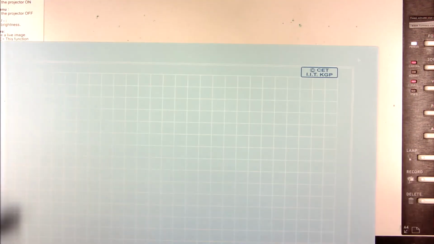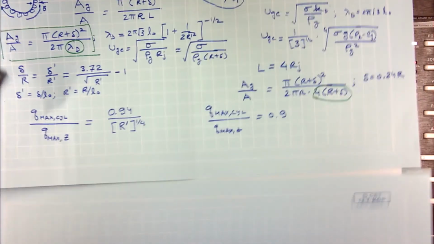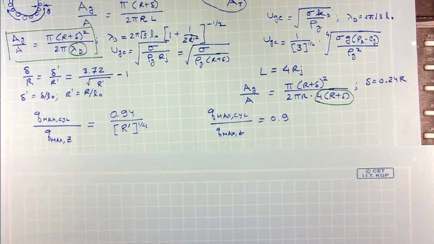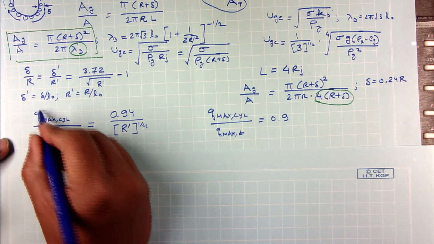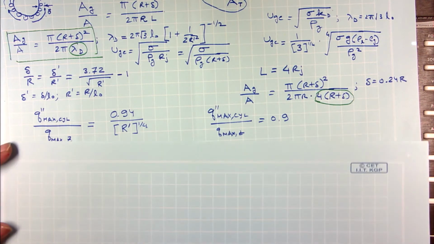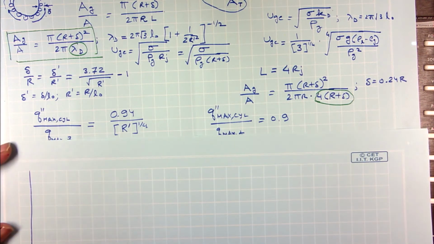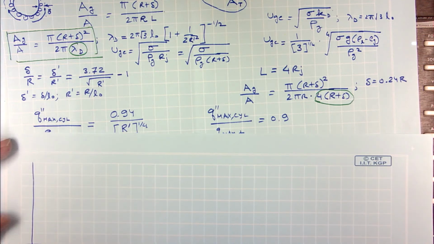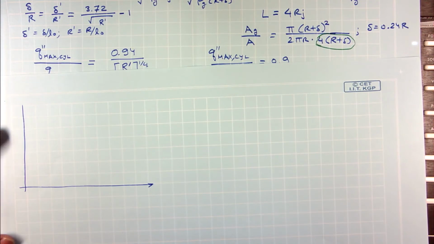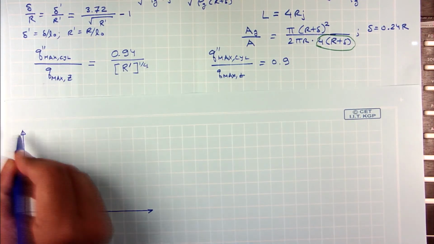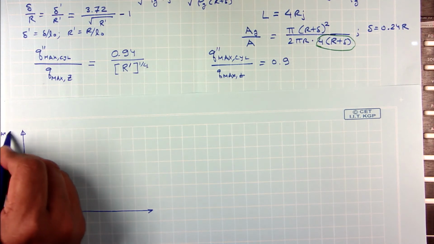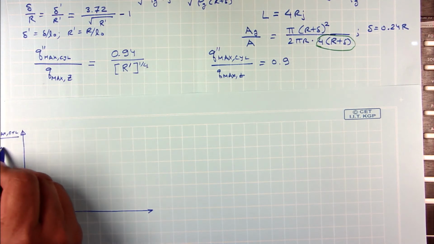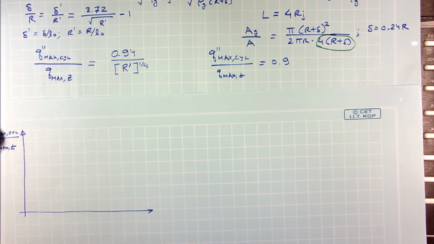So if I plot these two equations, in other words, if I plot my q max cylinder divided by q max Zuber, and on the x axis I plot r divided by L naught or r prime.